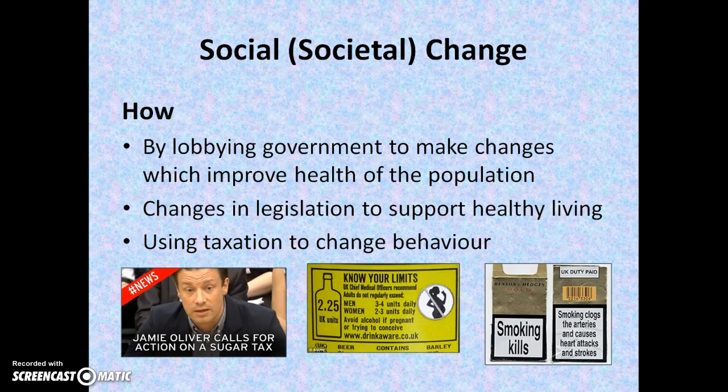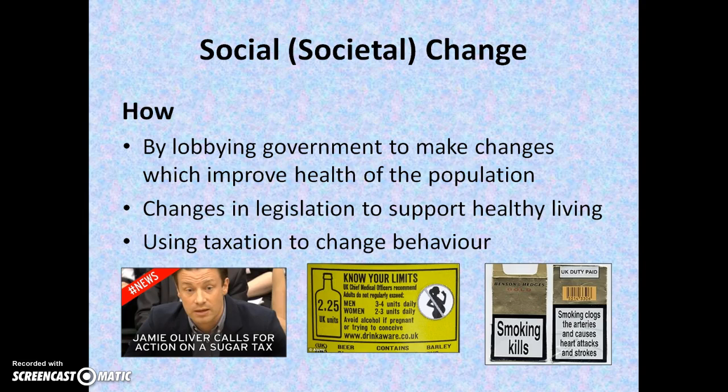So they've made lots of changes to laws to support healthy living. Things like speed restrictions in different parts of town. They're a societal change. They make everybody slow down. It's not up to the individual to change their behaviour. You have to, because you can't avoid it, because there are speed bumps in the road and there are speed restrictions.